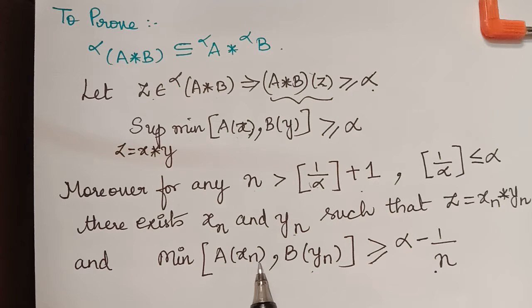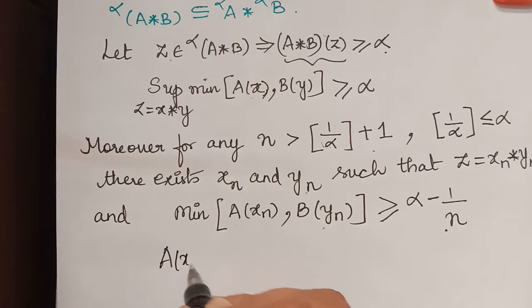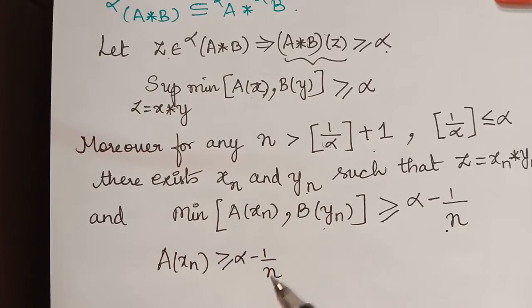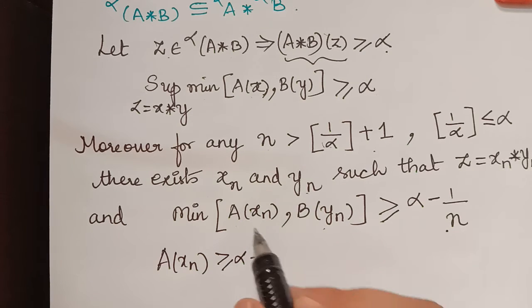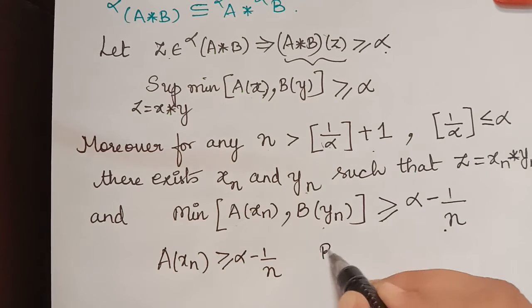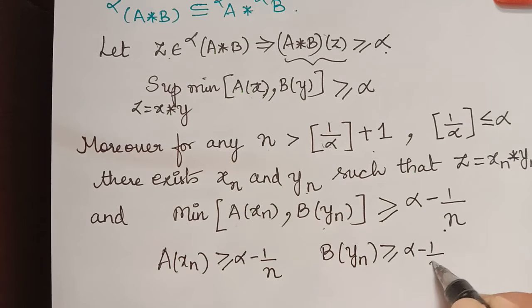So the minimum of these two values is greater than or equal to this, which means that if suppose A of xn is the minimum value, A of xn will be greater than or equal to alpha minus 1 by n. If the minimum of these two is itself greater than this value, then the other one will be the maximum value, and that will also definitely be greater than or equal to alpha minus 1 by n.